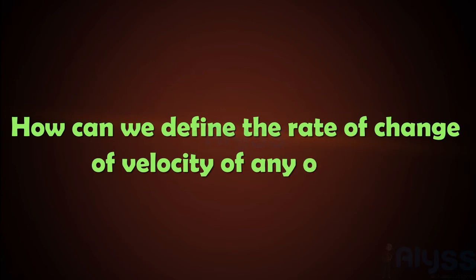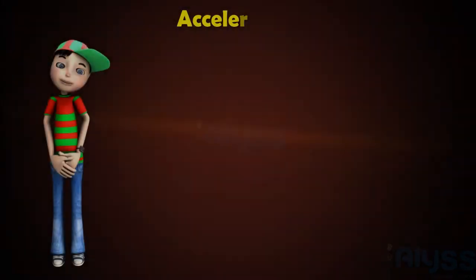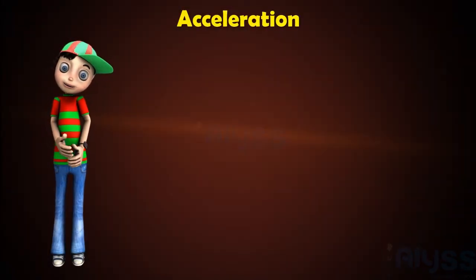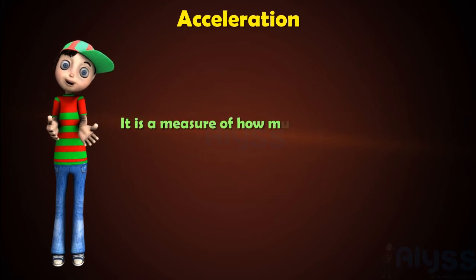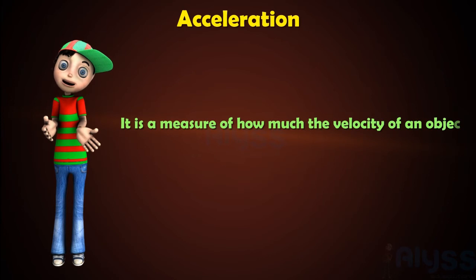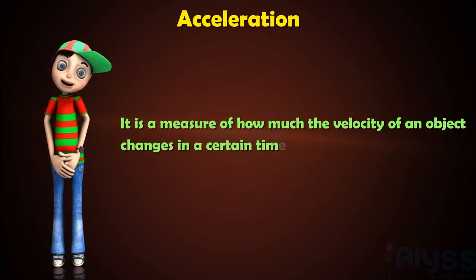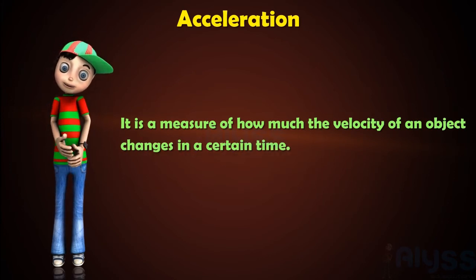How can we define the rate of change of velocity of any object? Acceleration is a twist on the idea of velocity. It is a measure of how much the velocity of an object changes in a certain time, usually per second.